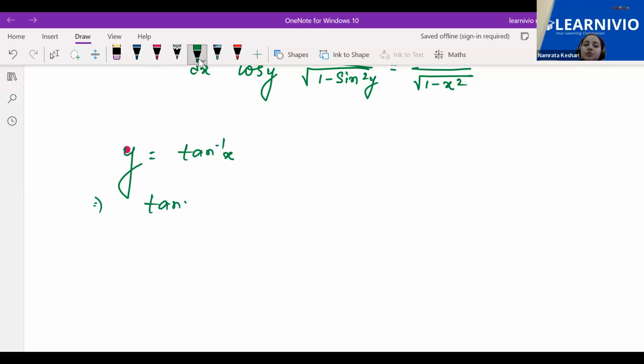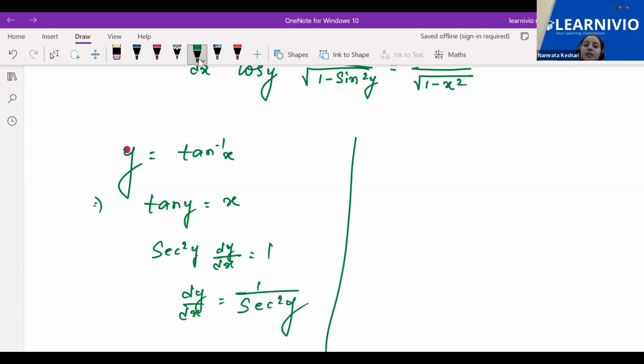And if we differentiate both sides with respect to x, what are we going to get? Sec square y into dy by dx equals 1. Dy by dx will be 1 by sec square y. Yes.